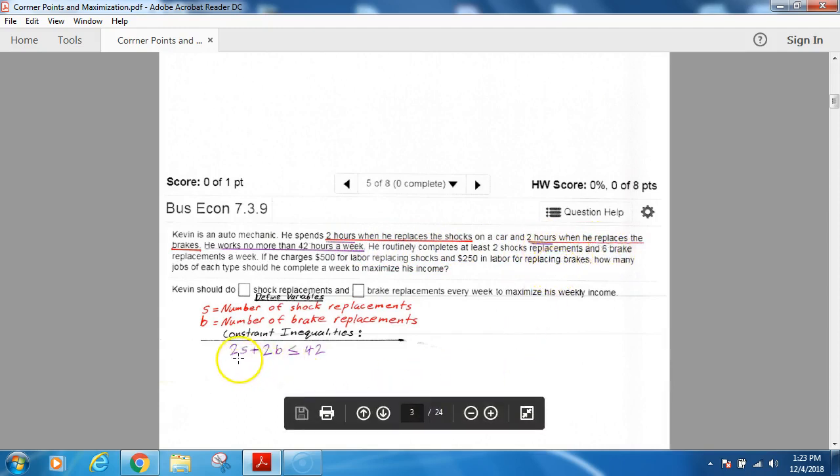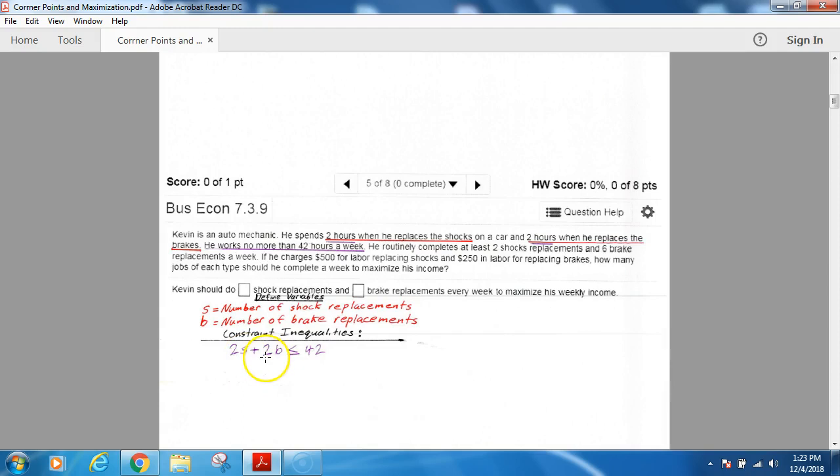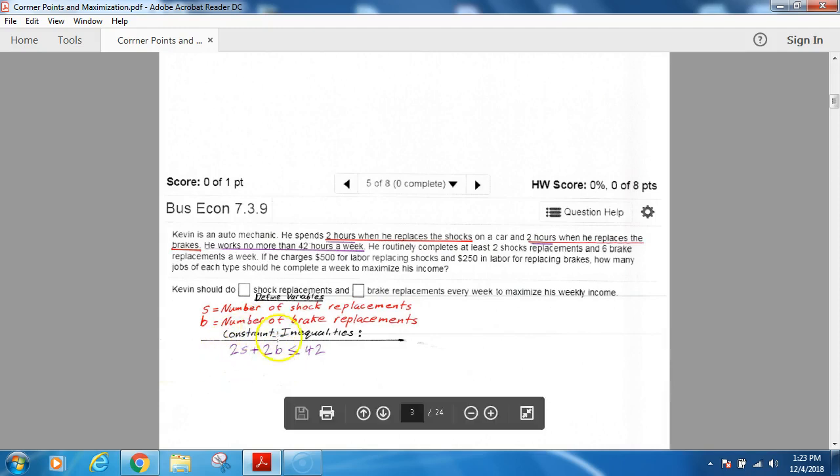So from that, we can say 2 times the number of shock replacements, that's the total time spent on shocks, plus 2 times the number of brake replacements, the total time spent on brakes. That means this right here represents the total time he works on both of those. And since we're told that is no more than 42 hours a week, we say that's less than or equal to 42 right here. Alright, so that's probably the most difficult part right there. That's our first inequality.